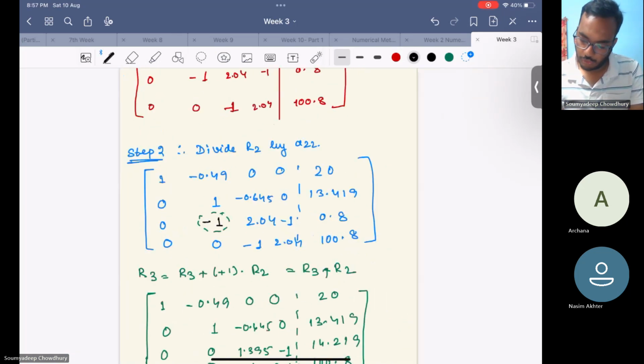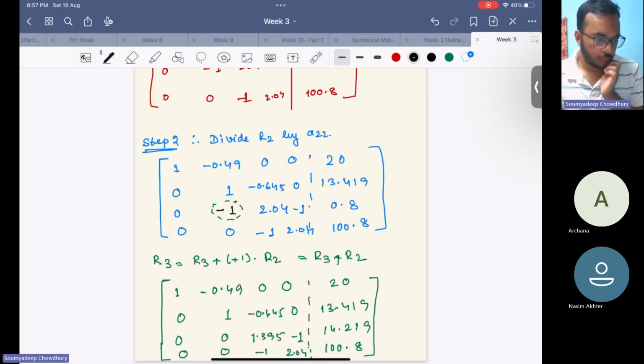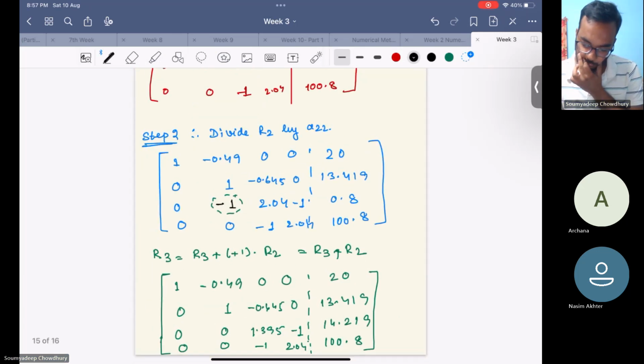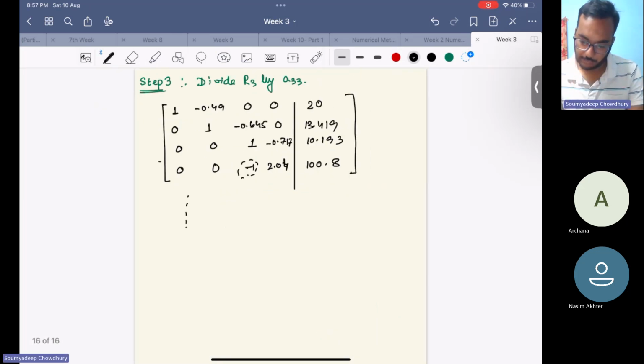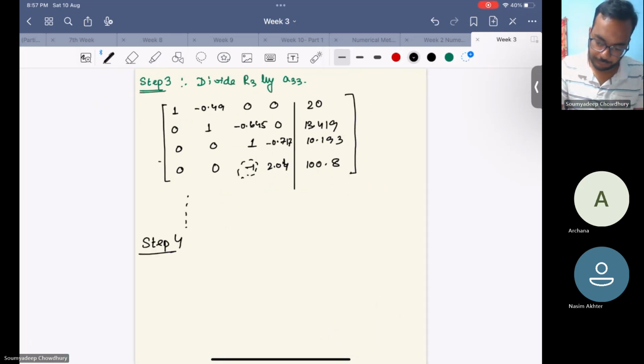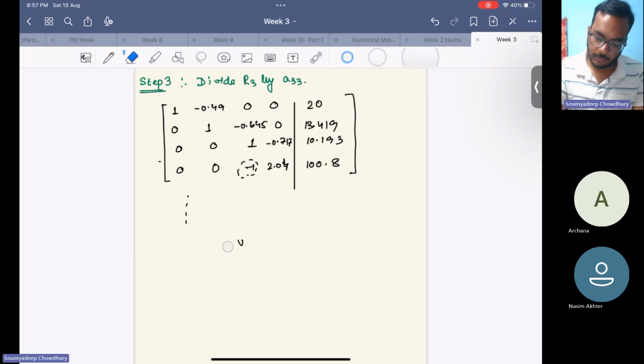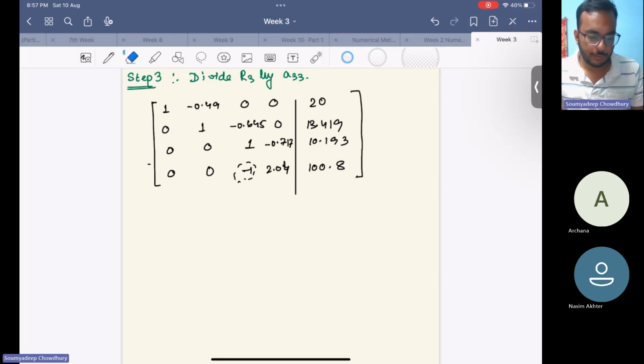Second, R3 equals R3 plus R2, equality minus. Correct only. So step 4, if we do, we have not done it here yet. Now, which one do we have to remove?